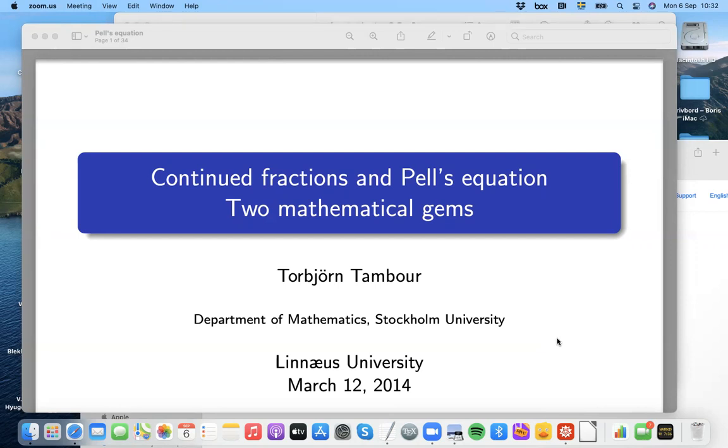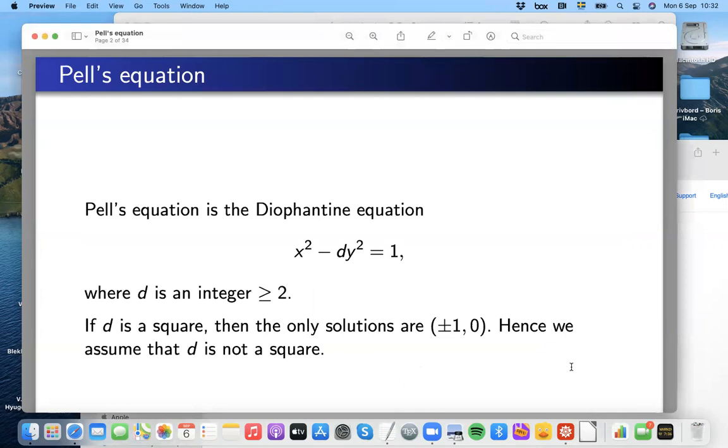Now, Pell's equation is a Diophantine equation, meaning that we only look for integer solutions.